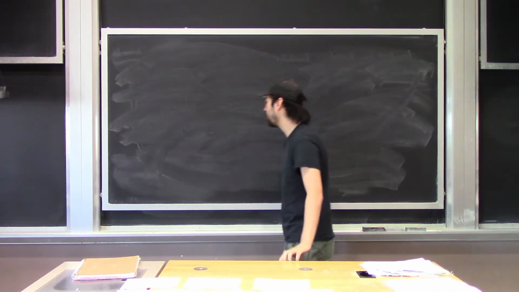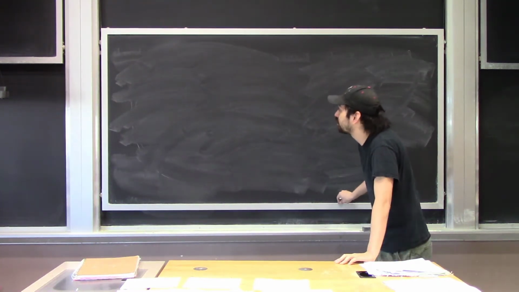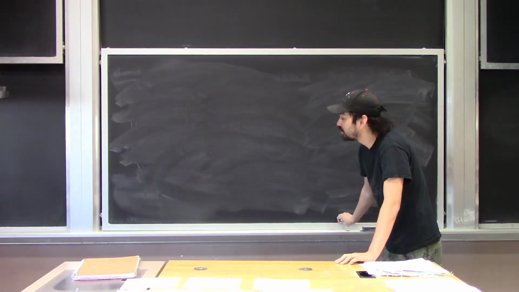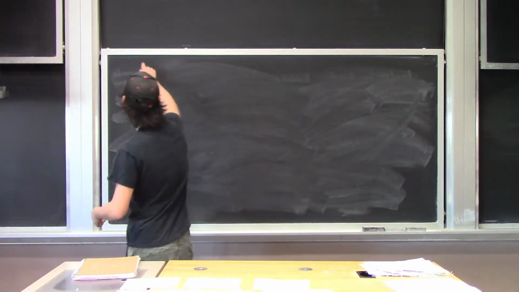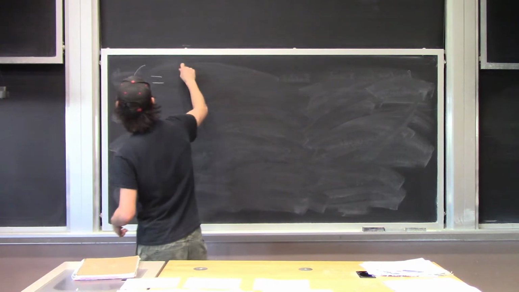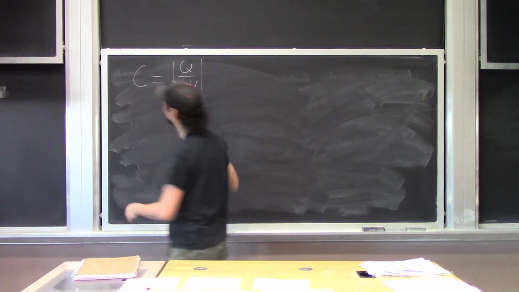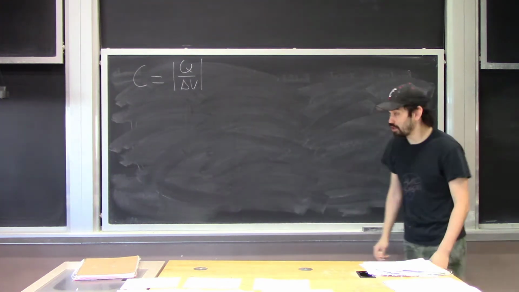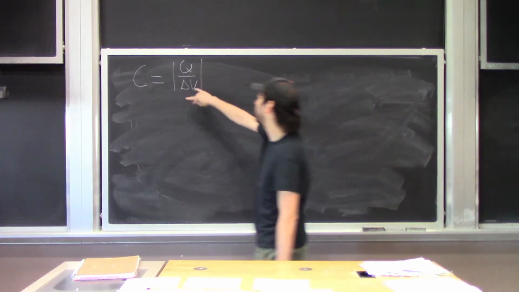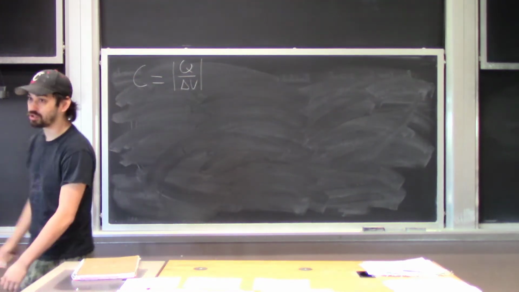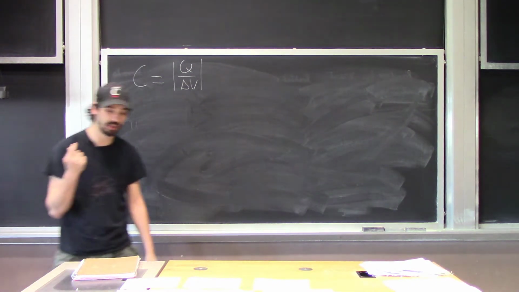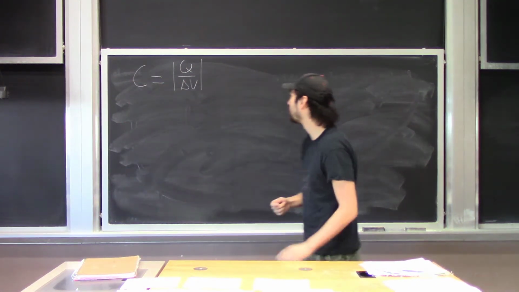And the important thing when it comes to calculating the capacitance for these systems is that it's really always the same. We say that the capacitance by definition is the ratio of the charge to the difference in potential, as an absolute value. The reason I have this absolute value here is just to make sure that capacitance is positive. It's by definition a positive quantity.